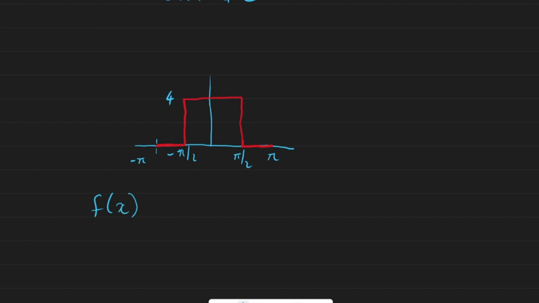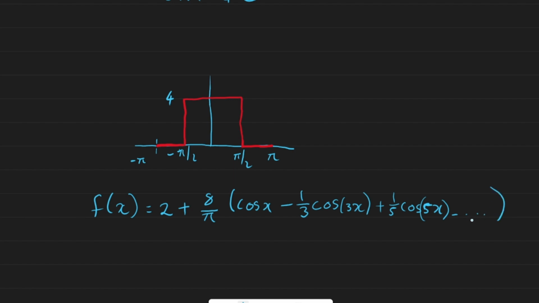We had shown in that video that f of x is equal to 2 plus 8 over pi, cos x minus 1 over 3 cos 3x plus 1 over 5 cos 5x, and so on.